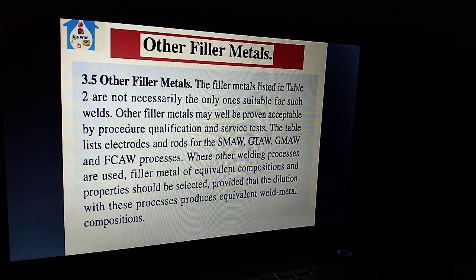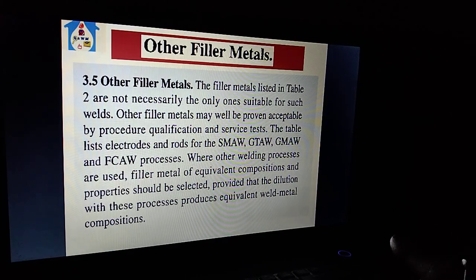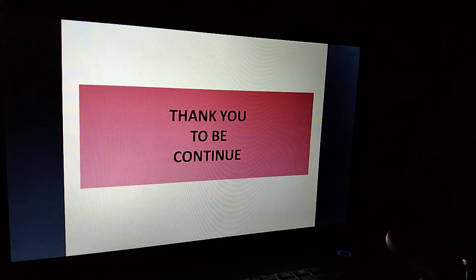The table lists electrodes and rods for the SAW, GTAW, GMAW, and FCAW processes. Where other welding processes are used, filler metal of equivalent composition and properties should be selected, provided that the dilution with this process will produce equivalent weld metal composition.